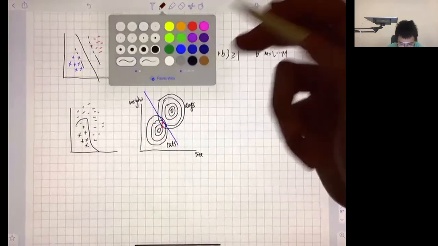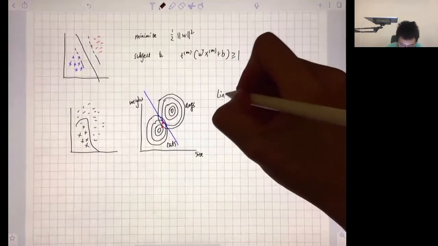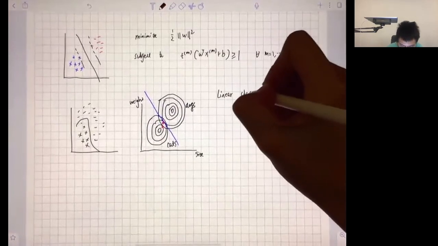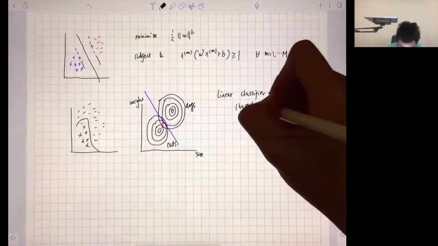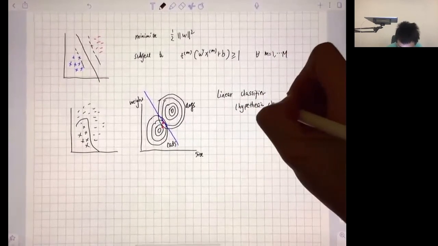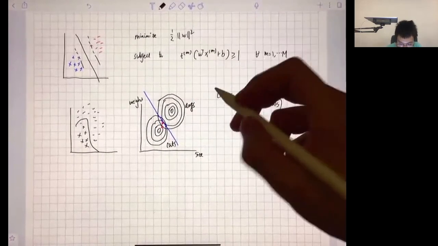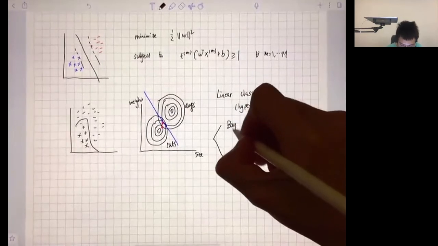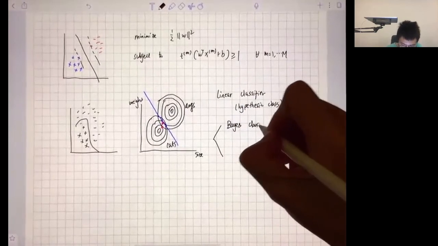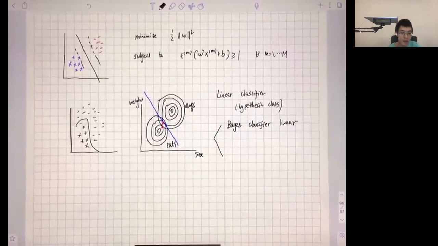So in practice, we still want to have a linear classifier, or linear hypothesis class, to solve non-linearly separable problems. First, maybe the Bayes classifier is linear, so we know that a linear classifier is the best.